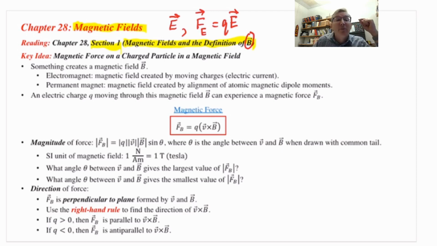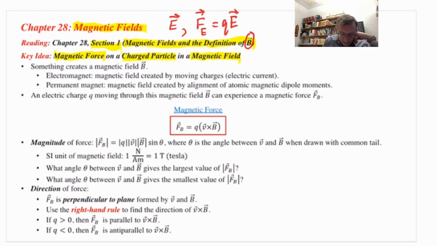In other words, there can be a force. So what we're going to start studying is this new kind of force, magnetic force. It's caused by a magnetic field on an electrically charged particle.